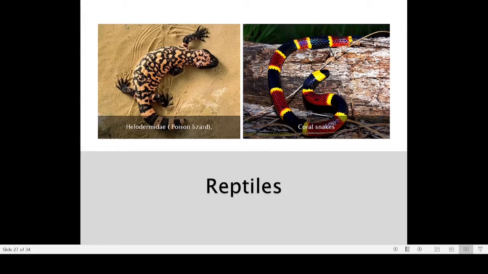Now another group that you can find is the coral snakes. Coral snakes are very interesting animals because most of the time they are very colorful. The term coral snake is used, but they are present in forests, not in the sea.